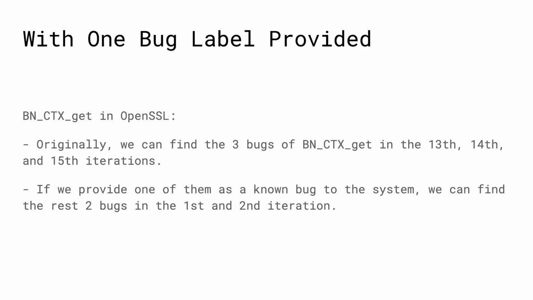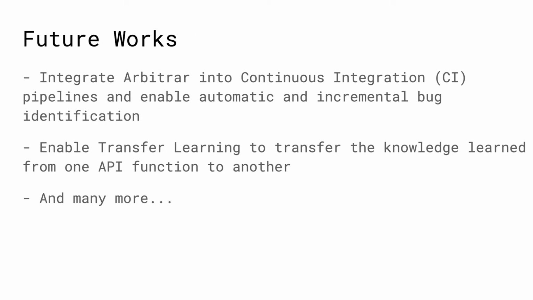As an example, in an evaluation on bnctxget, a function of OpenSSL, due to its complex specification and wide range of use cases, arbitrar can only find the 3 bugs in the 13th, 14th, and 15th iteration. But if one of these bugs is presented as a known bug beforehand, we can find the other 2 bugs right at the beginning.